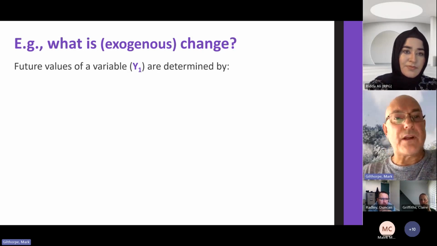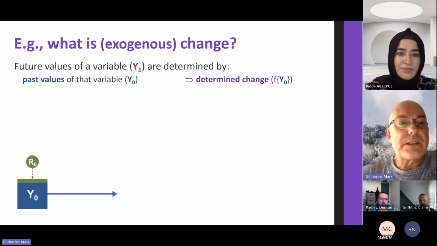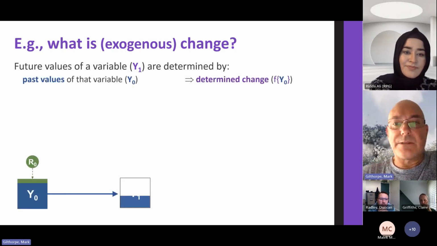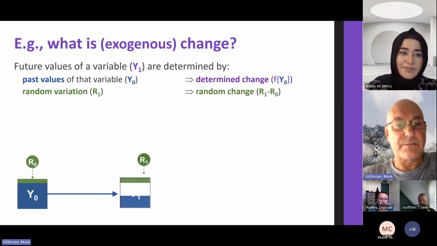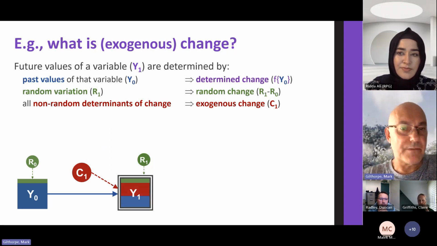Well, future values of a variable Y, Y1, are obviously determined in part by its past values. That's the determined component. There'll be some measurement error and/or biological variation, which usually gets conflated. And then what's left over is all non-random determinants of change, which is exogenous change, C1, as I've depicted it here.